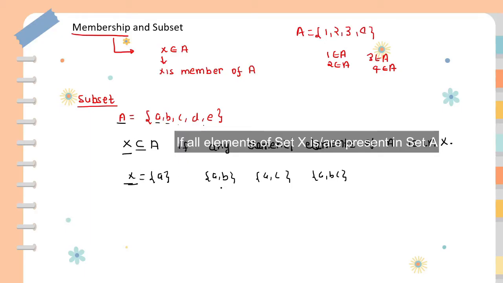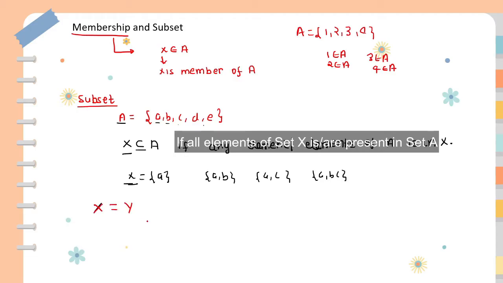So this is a very generic idea about subset. One important point is also there, that is when two sets are equal. Let me write one point here. Let us assume that set x is equal to set y.